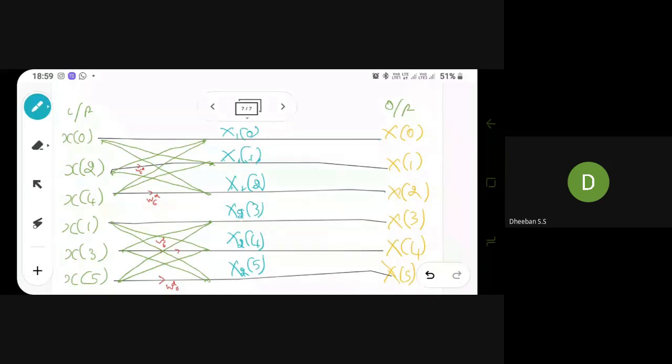This will be connected to here, and this will be connected to here. And this is only 3 points. So it will be like this.